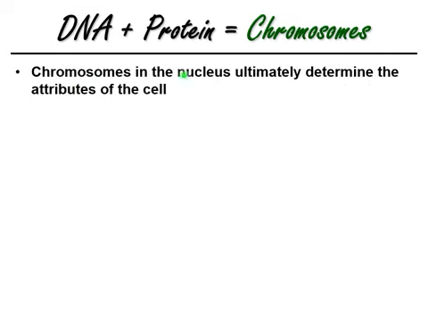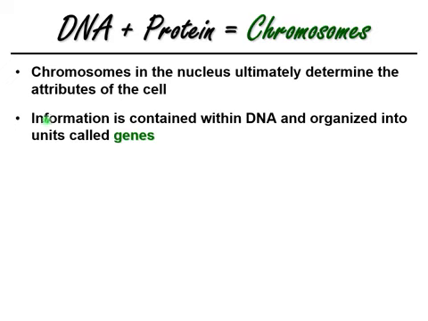So now, chromosomes in the nucleus are ultimately going to determine what the attributes of the cell are, right? Your DNA is the material that encodes all of the information necessary to make the tangible assets of the cell. That information is contained within DNA, and the stretches of DNA within the chromosomes that are organized into functional units are called genes.